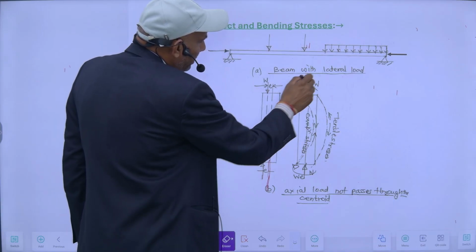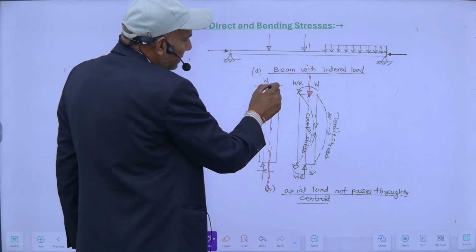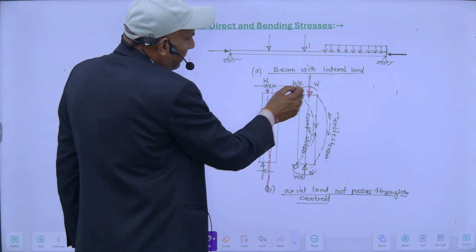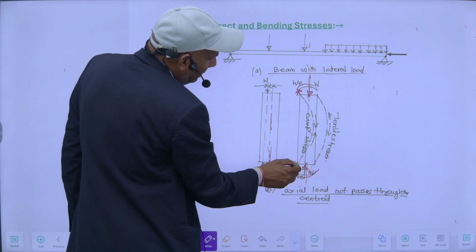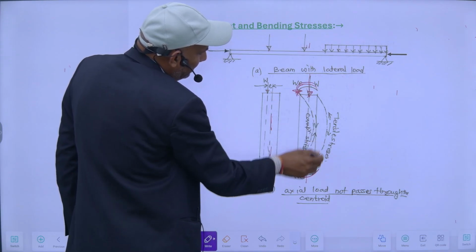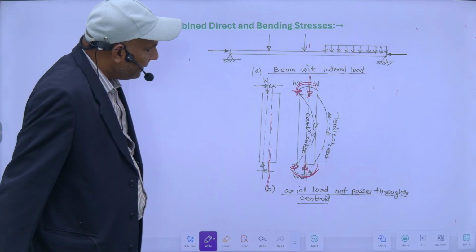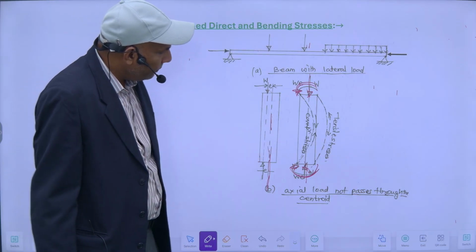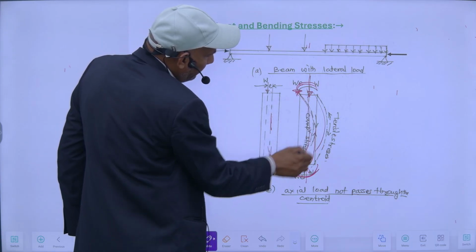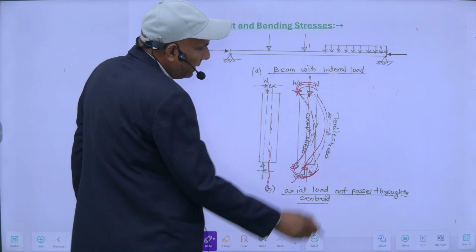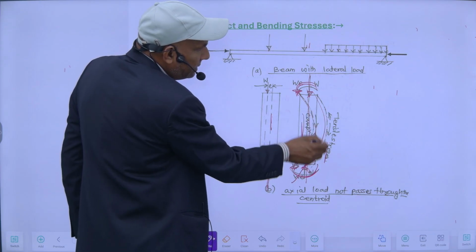I will place my W load here on the central axis and also consider the effect of this couple. So this will be like this, and the same load will be placed here, and if this is acting like this, it will be a hogging type of moment. If I see vertically, it will deflect like this. So here there will be compressive stress on the bottom fiber and tensile stress here.